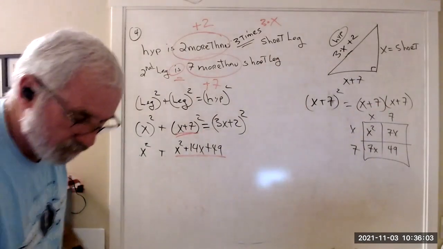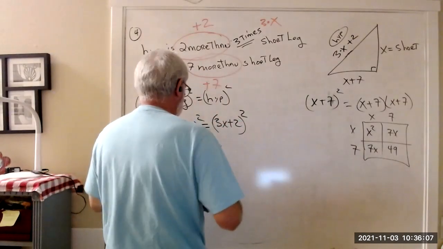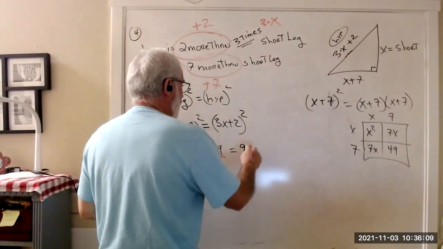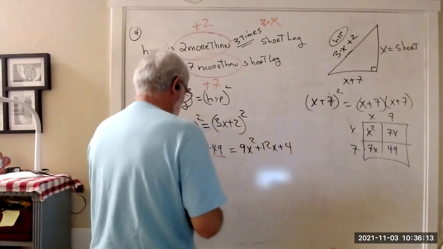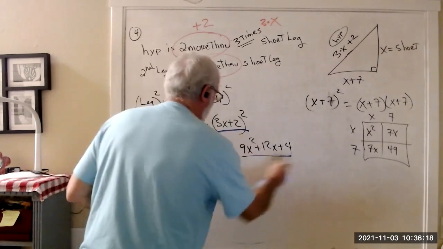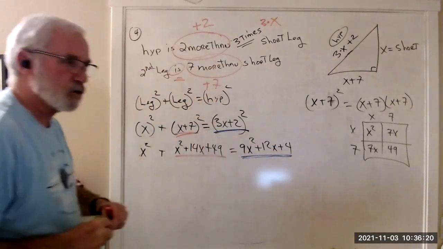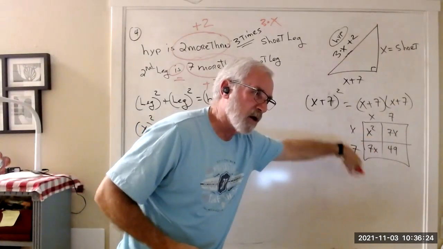Okay, if you multiply it out or set it as a matrix, it should be 9x squared plus 12x plus 4. If you're not sure where that came from, ask me. I will be happy to show you. I set up something like this and multiplied it out.